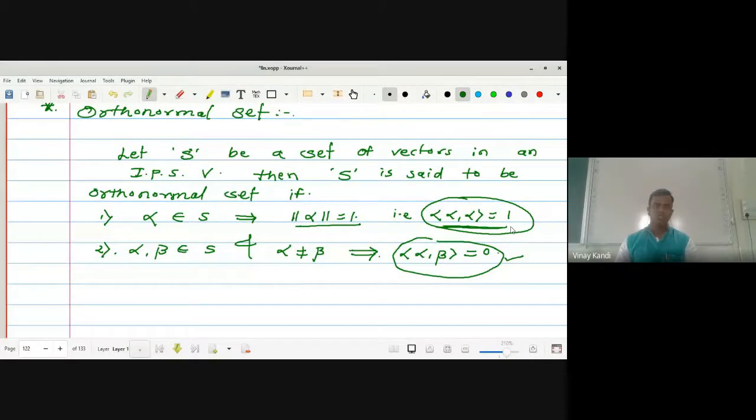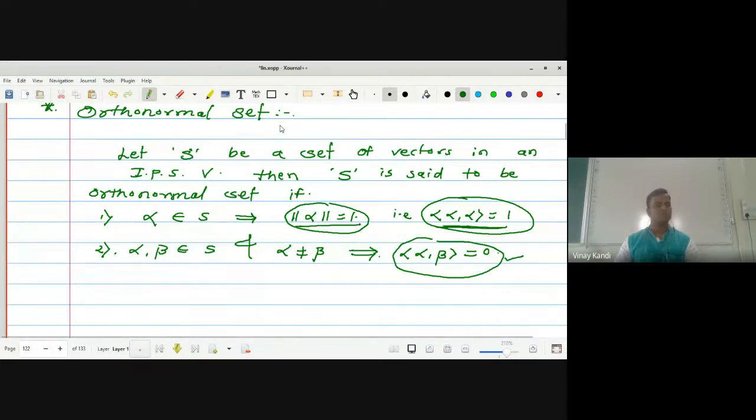So in the orthogonal set we have added one more condition. Which condition? If the length of each vector is 1 and the set is orthogonal, then that set is an orthonormal set. An orthogonal set with the length of each vector being unit, that is 1, becomes an orthonormal set.